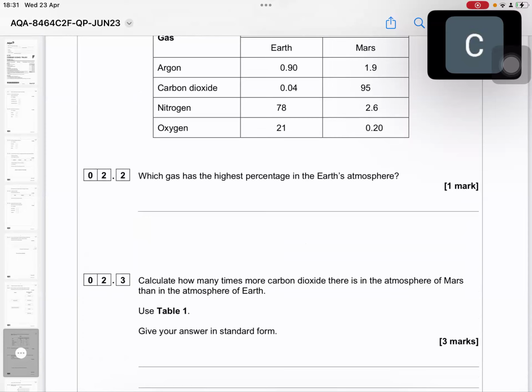Obviously it's more on Mars. So the idea is how many times is 0.04 going to be multiplied to give us 95? Basically, all you need to do is divide 95 by 0.04.